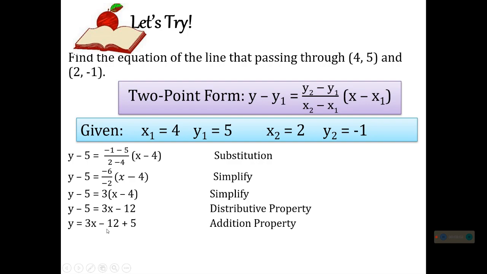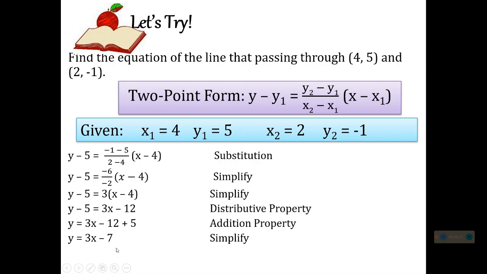Then, you are going to solve for this. So, simplify this again. So, you will obtain y equals 3x minus 7. So, here it is. We have here our equation in the slope-intercept form, y equals mx plus b. Okay? So, again, our equation is y equals 3x minus 7.